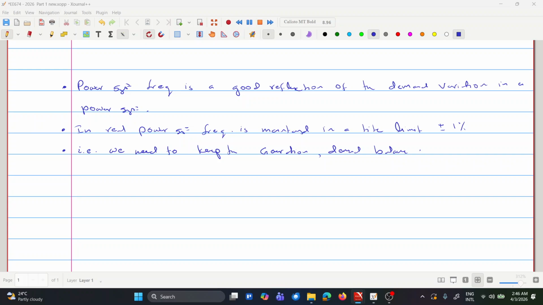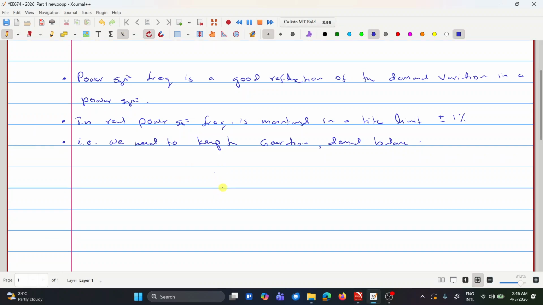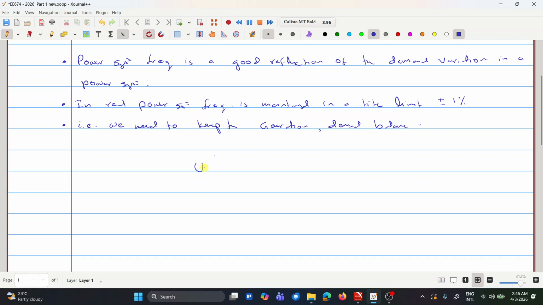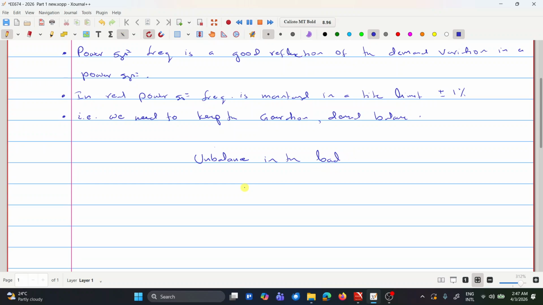When the demand changes, we will look at the unbalance in the load.